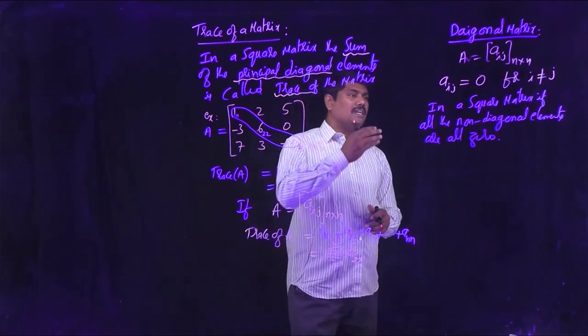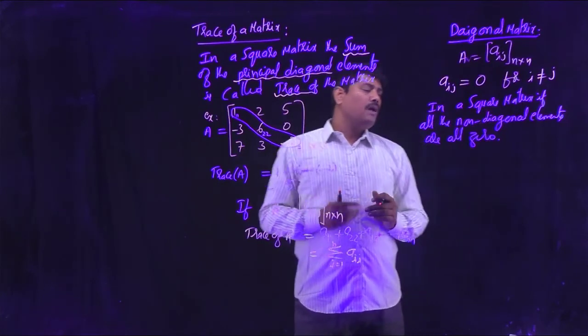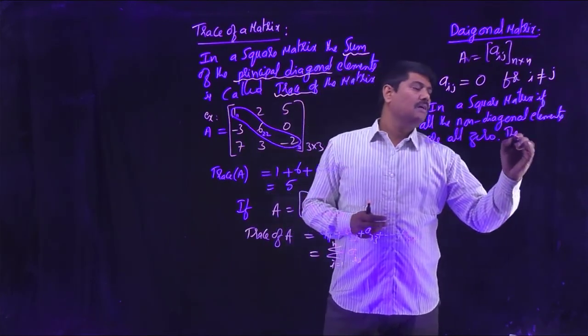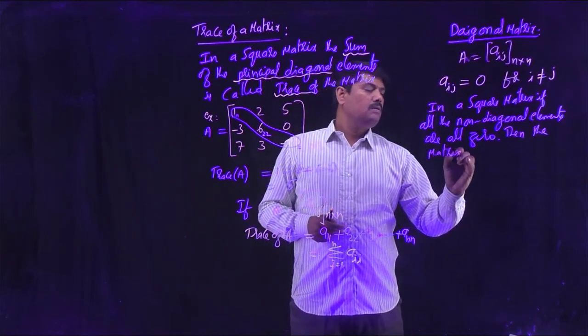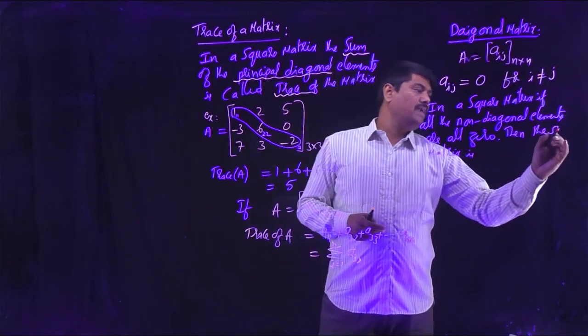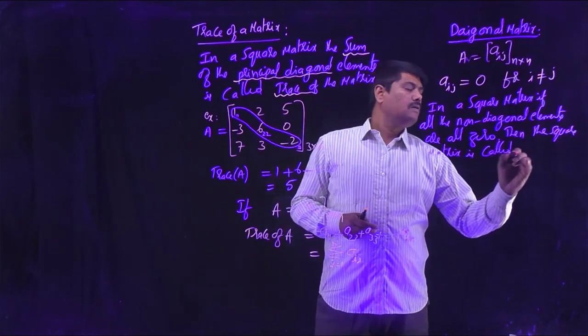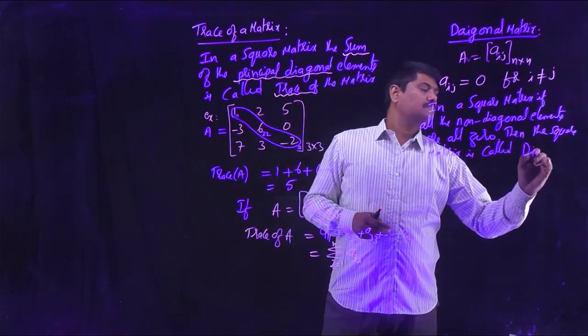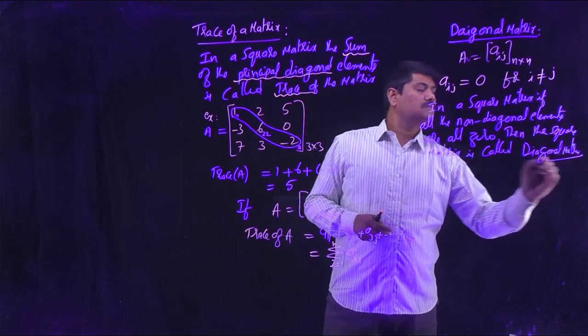In a square matrix, if all the non-diagonal elements are all zeros, then the square matrix is called a diagonal matrix.